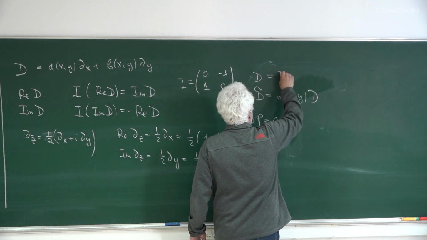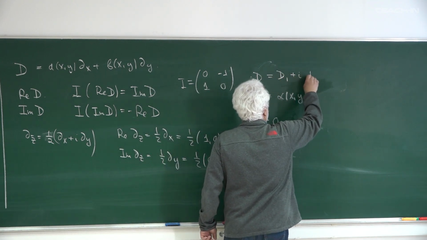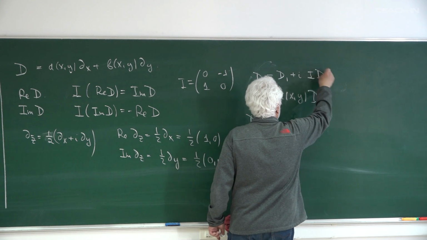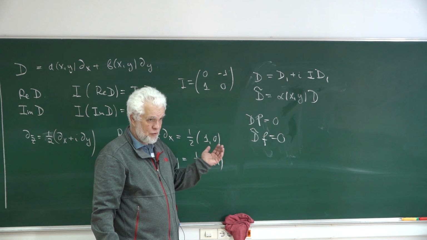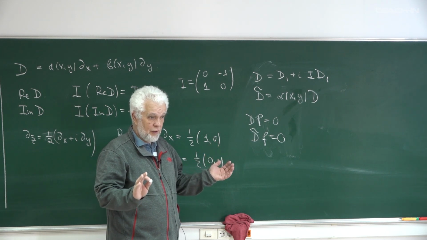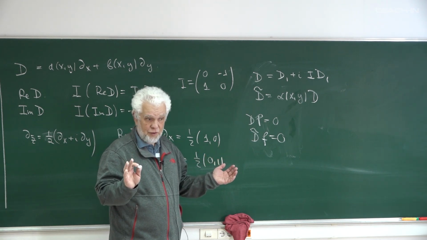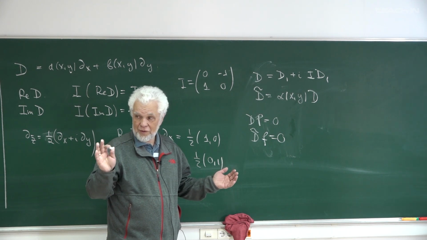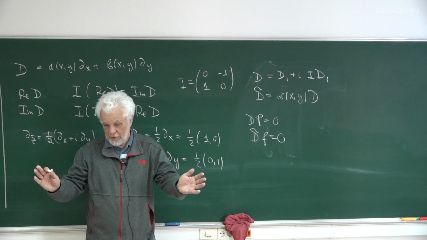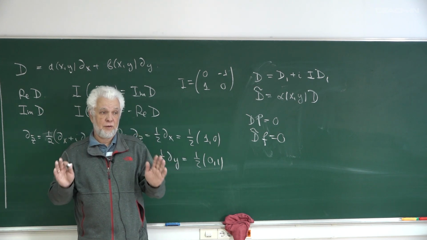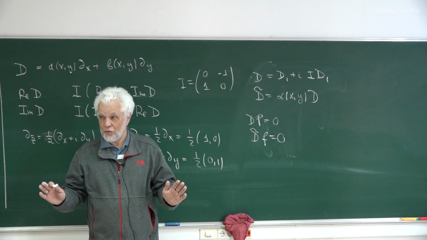D is D1 plus I D1. D1 is a vector at each space, and I is an operator in the tangent space. Therefore, quasi-complex structure is equivalent to the Beltrami equation. Remember how we introduced isothermic coordinates. We wrote the Beltrami equation, solved it.